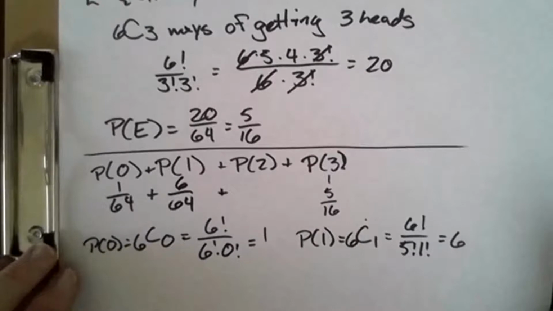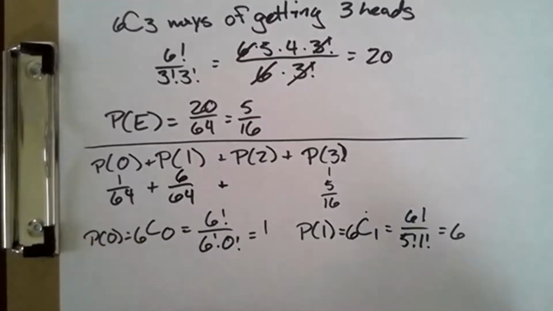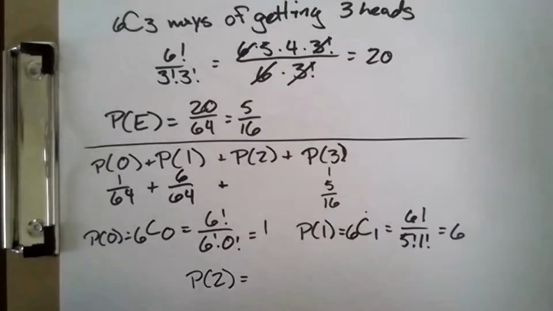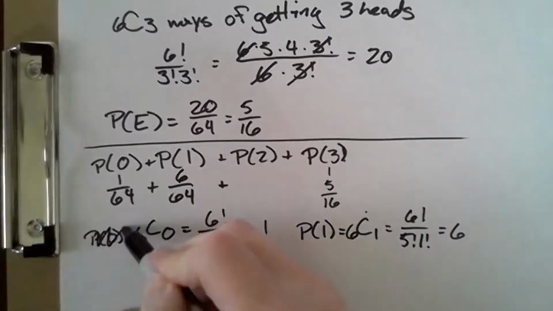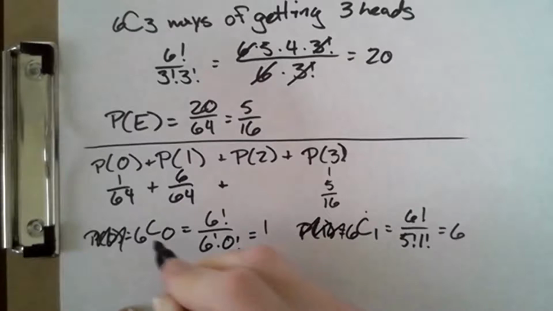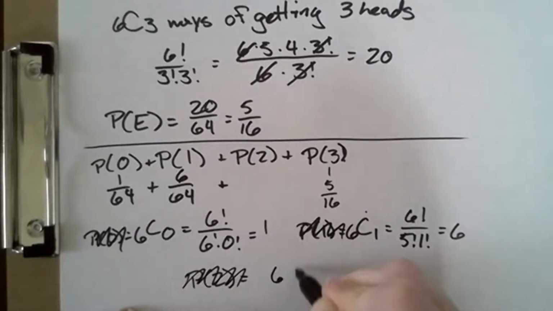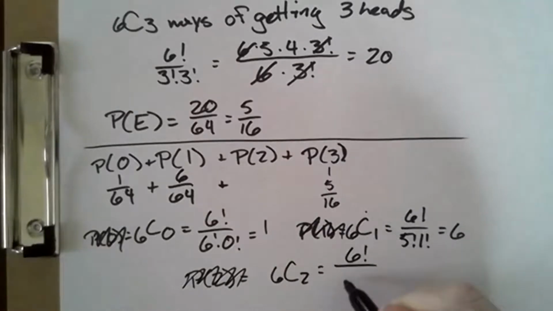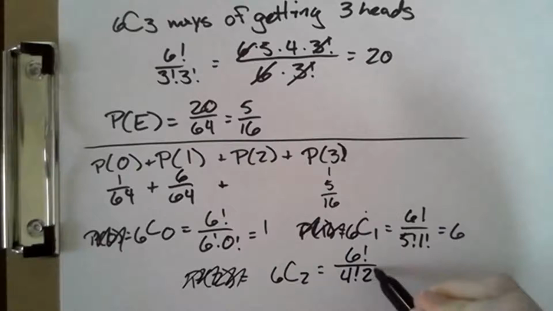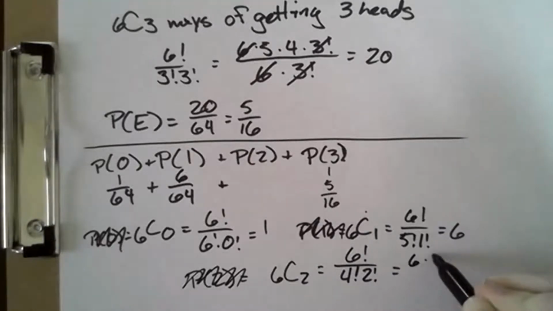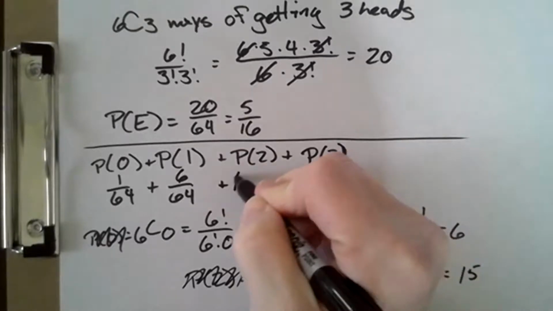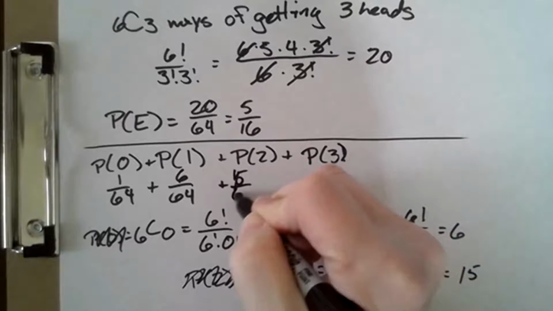And for the probability of getting exactly 2 heads, the numerators for each of these are 6 choose 0, 6 choose 1, and of course 6 choose 2. So that's going to be 6 factorial over 4 factorial times 2 factorial, which is 6 times 5 over 2, which is 15. 15 over 64.